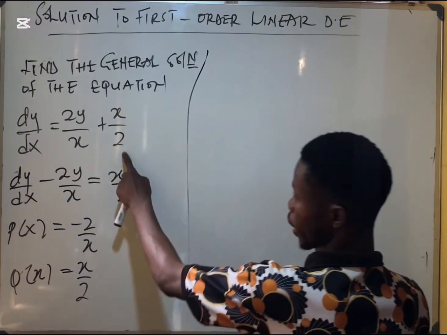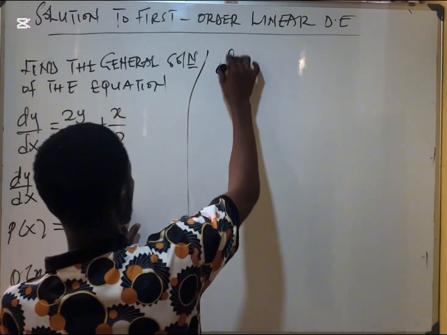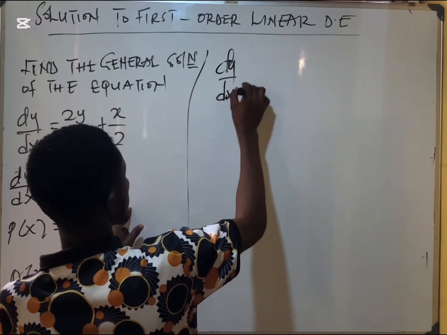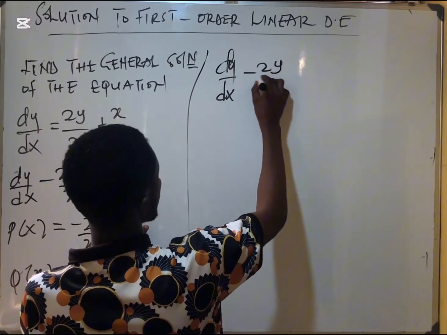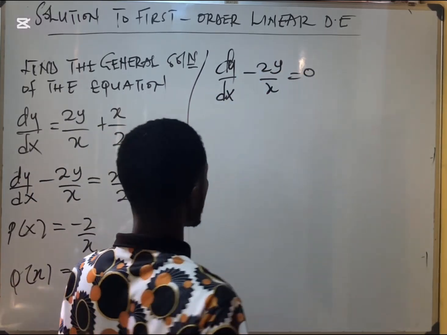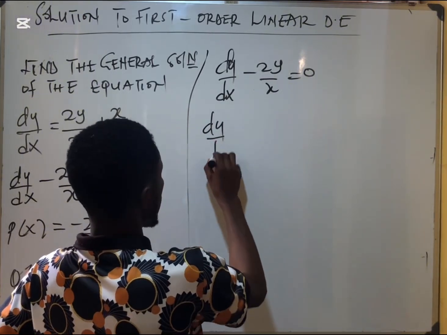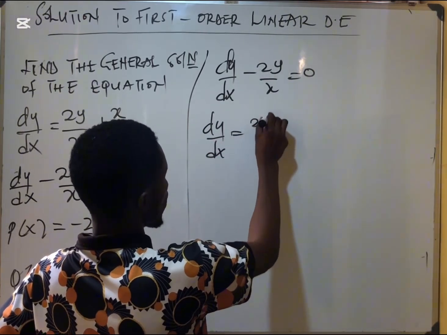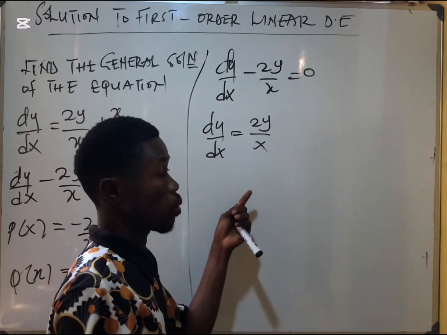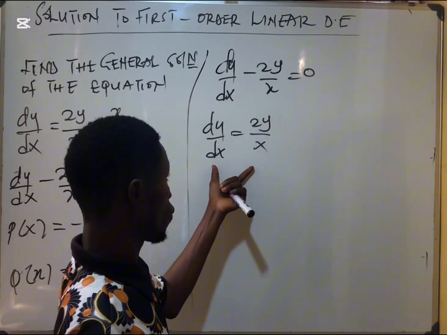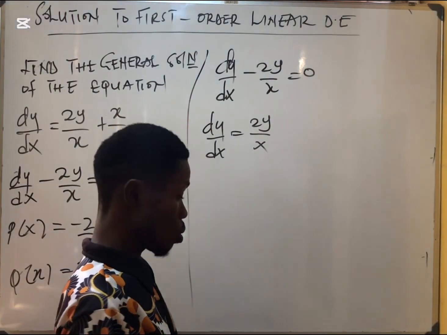When I put this side to be 0, I'm going to have dy/dx minus 2y over x equals 0, so that dy/dx equals 2y over x. This is what I did when I was proving the formula, so you don't need to memorize the formula.